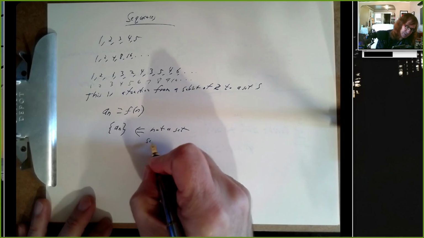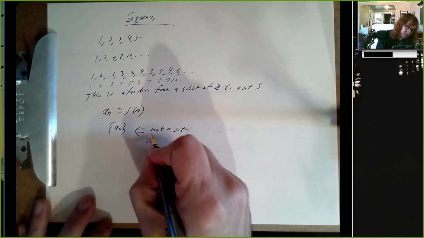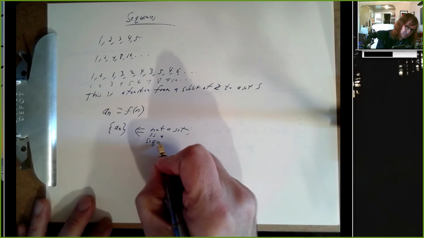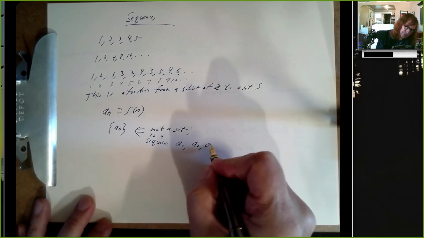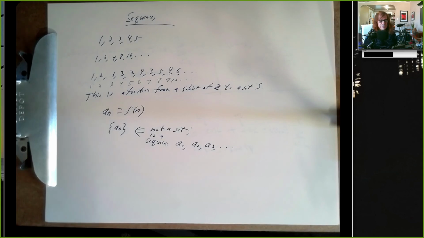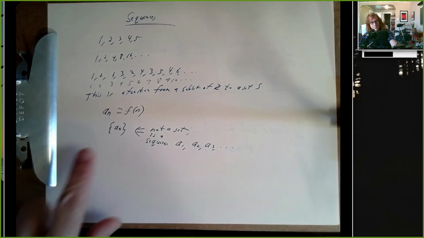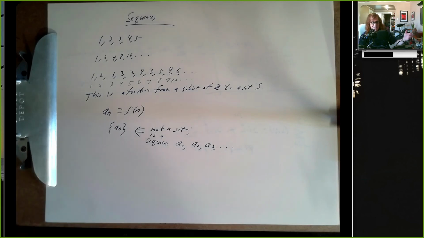This is a sequence consisting of A1, A2, A3, and so on. So I'll mostly avoid that notation because it directly contradicts everything we've said about sets, and it's really not a set. But you'll see it sometimes in writing.